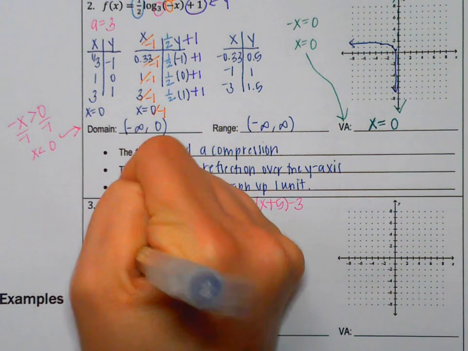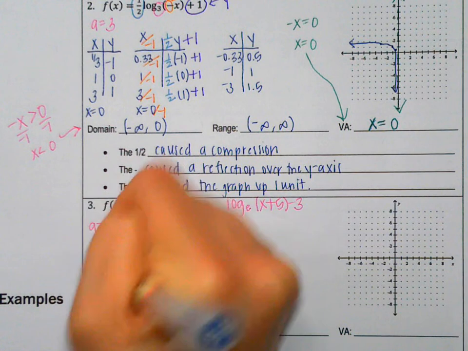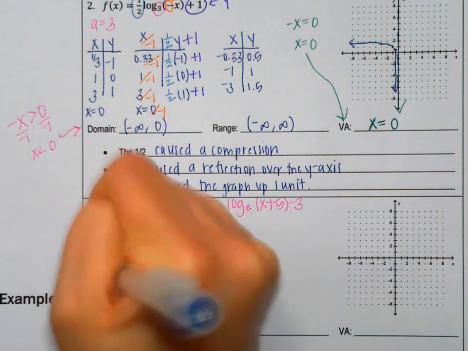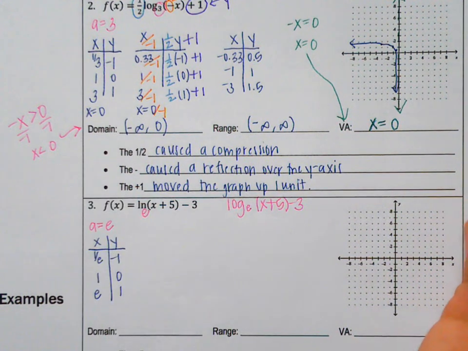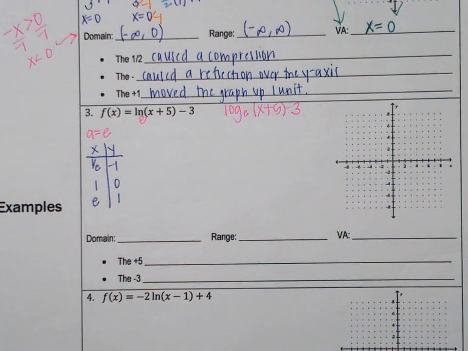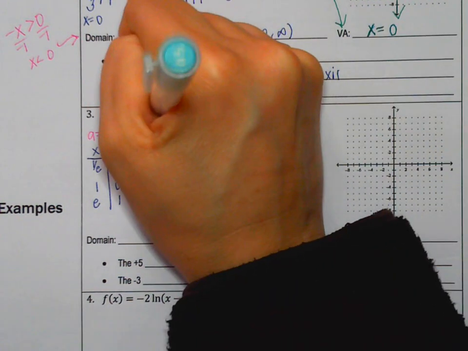So what I'm going to do, start with my parent function table. My y values are -1, 0, and 1. And then my x values are going to be 1 over e, 1, and e. And so now I can just apply my transformations as I normally do. So the +5, that's within the parentheses, and that's going to be a change to my x values.